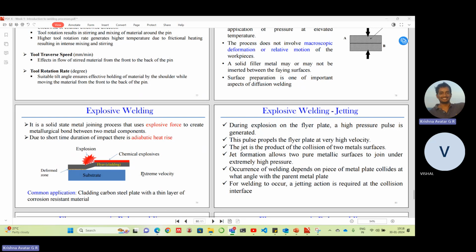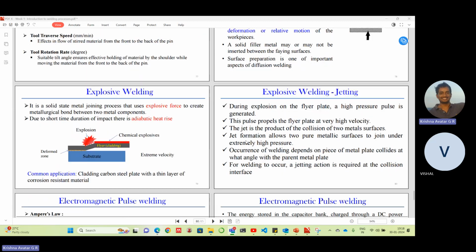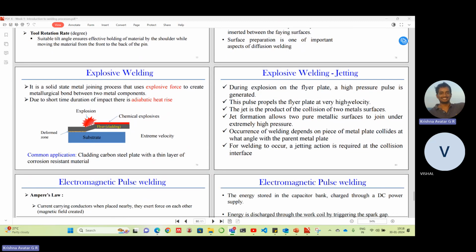So, explosive welding and the jetting process. In this case, there is an explosion on the flyer plate and a high pressure pulse is generated. This pulse propels the flyer plate at a very high velocity. The jet is the product of the collision of two metal surfaces. It allows two pure metallic surfaces to join under extremely high temperature.